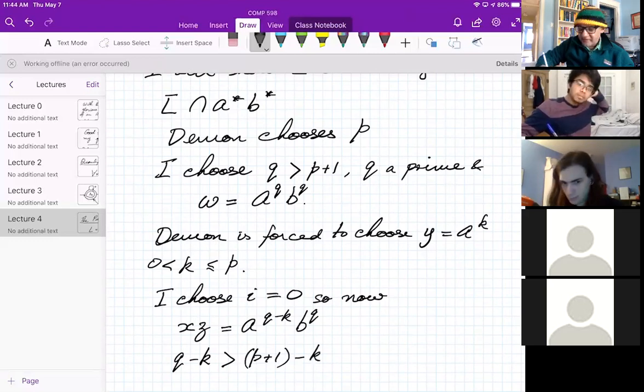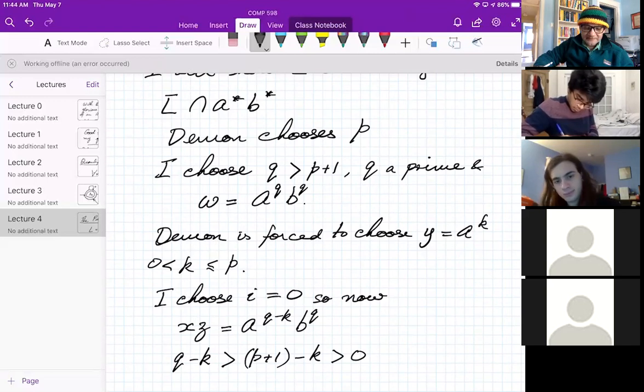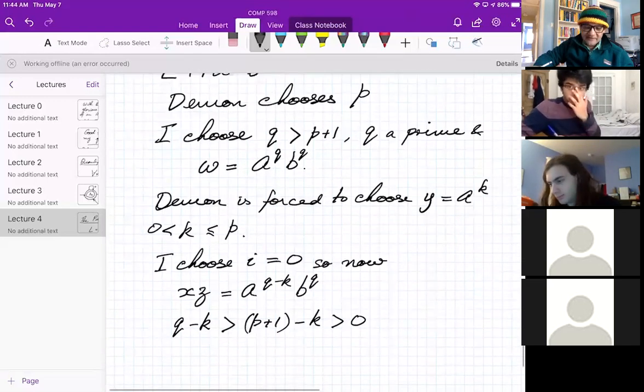Because we chose Q to be greater than P plus 1. And so this has to be of length greater than 0. Okay, so I know that Q minus K is actually strictly positive. In fact, it's strictly greater than 1.